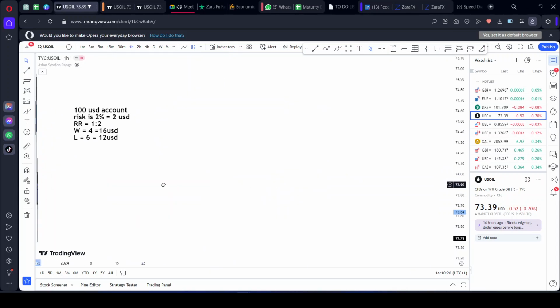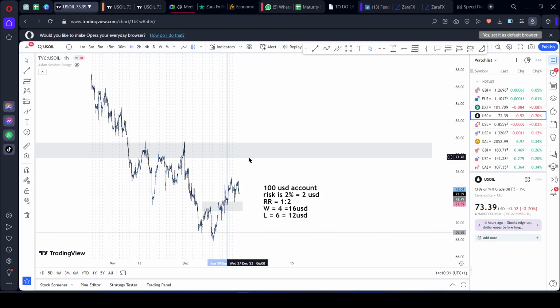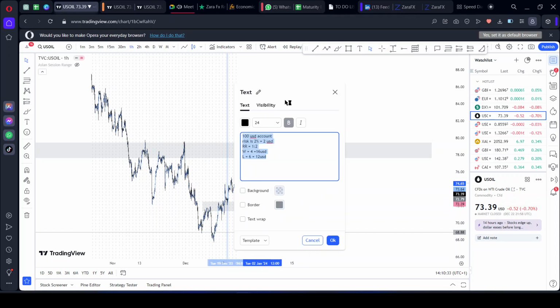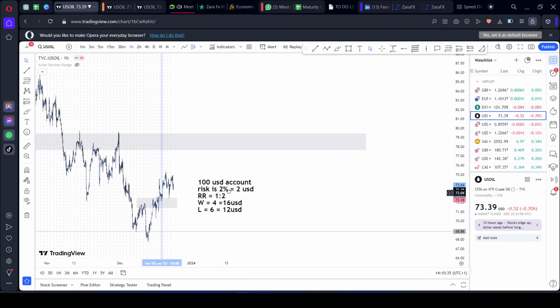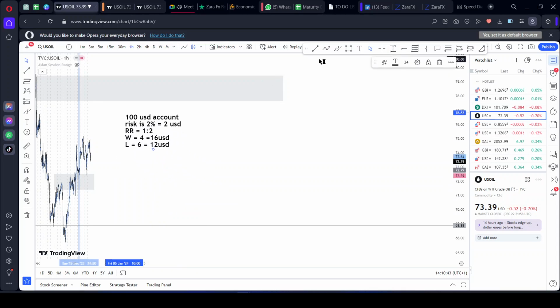Where did I just write that? Can't find it.